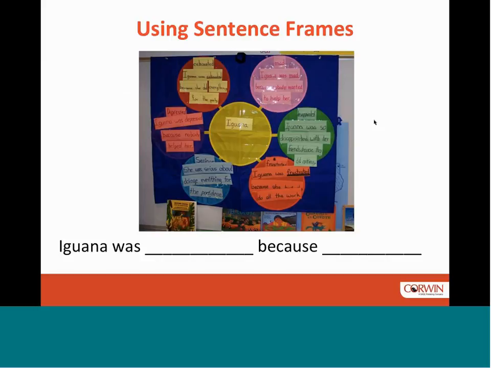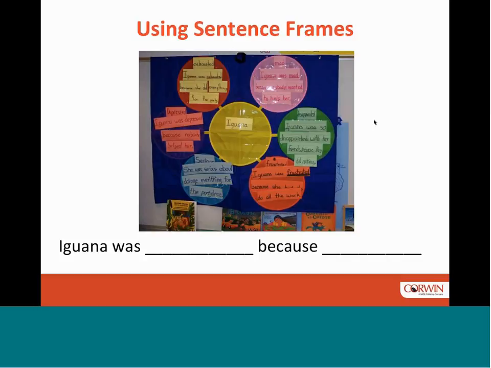Iguana Mañana is based on the same kind of storyline as Little Red Hen. And in this story, Iguana is planning a party. All her friends are very enthusiastic, but of course, Iguana ends up doing all the work.